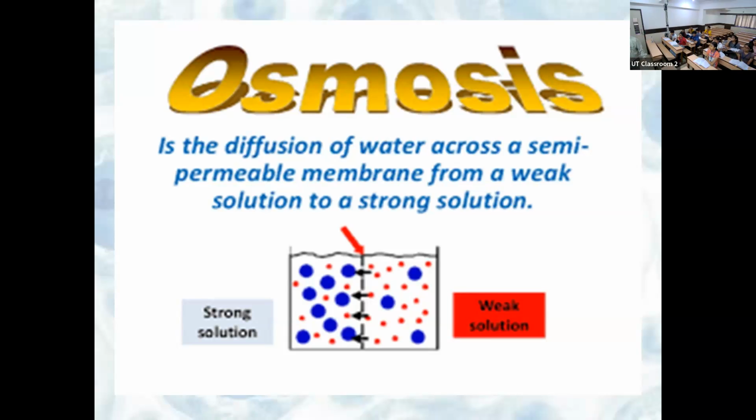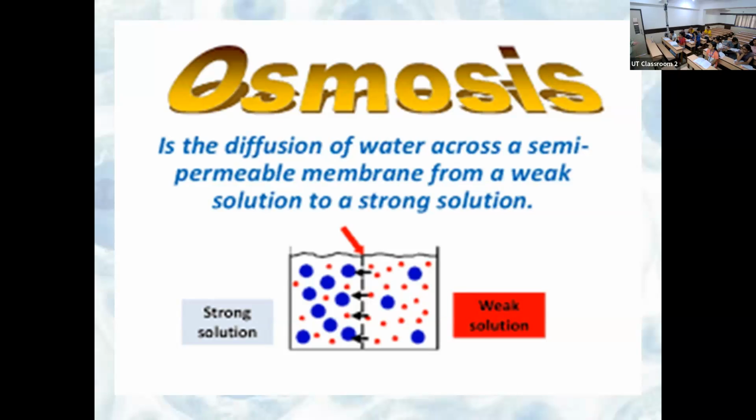समझ में आया? दूसरा definition, the movement of water molecules from more dilute solution to a strong sugar solution, a strong concentration solution, a strong solution across a semi-permeable membrane is known as osmosis.